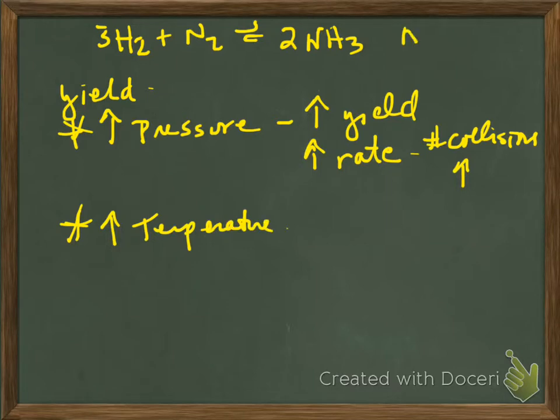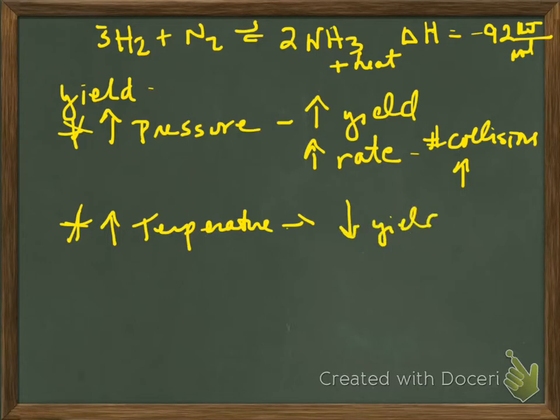One thing I forgot to give you guys is the change in enthalpy of the process. It is an exothermic process, negative 92 kilojoules per mole. So increasing the temperature, since it's exothermic, you can view that as having heat as a product. Increasing the temperature is going to decrease my yield because it's going to shift the equilibrium to the reactant side.